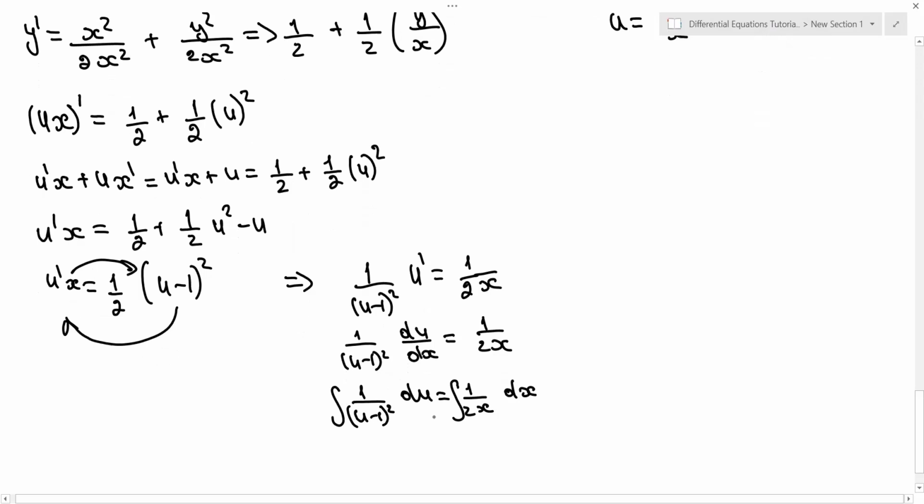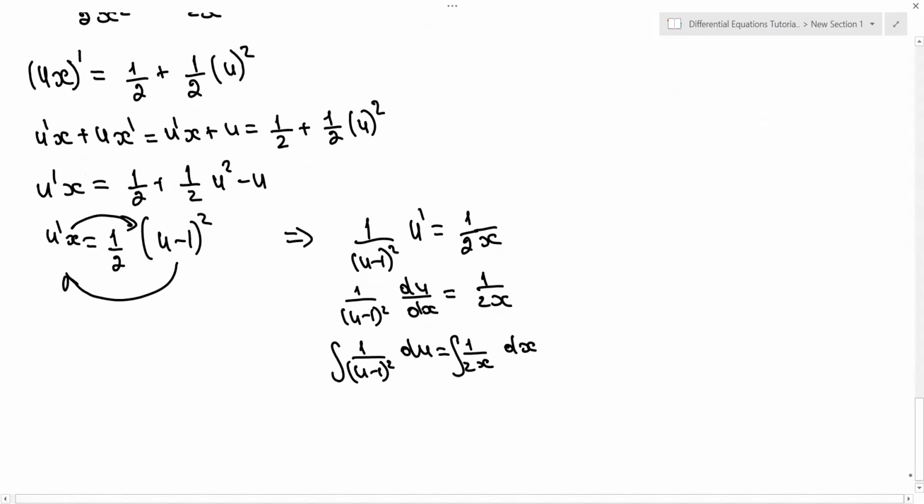Now we can use the substitution method again for the integral, so we write u minus 1 is equal to v. So we do this substitution.